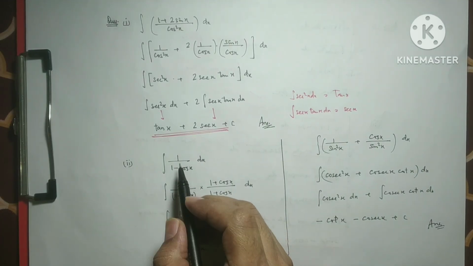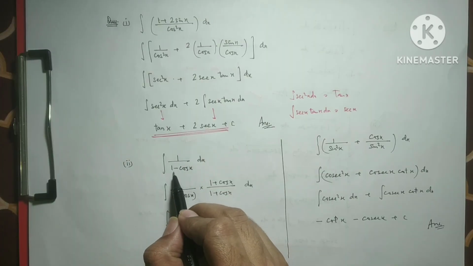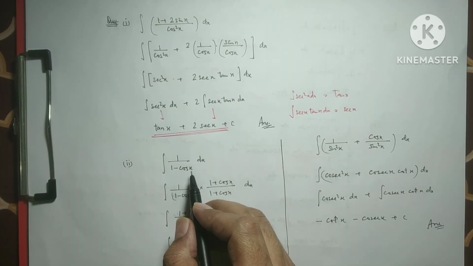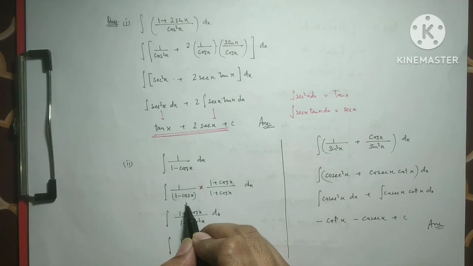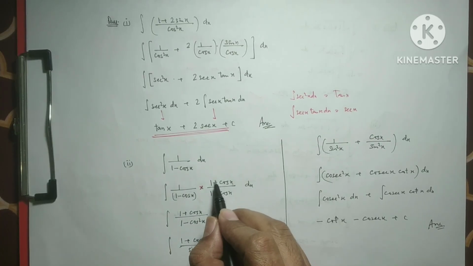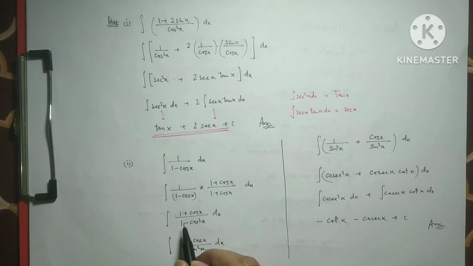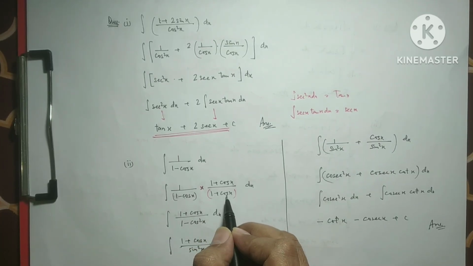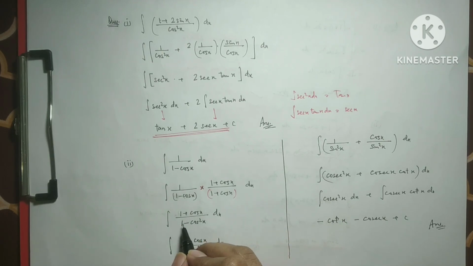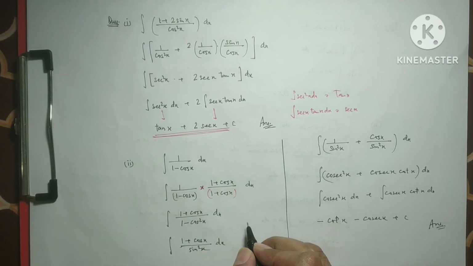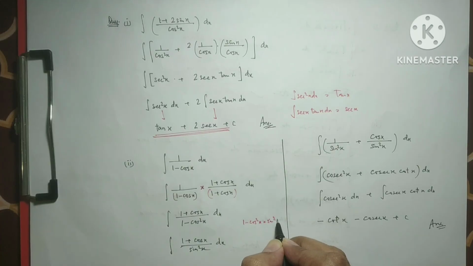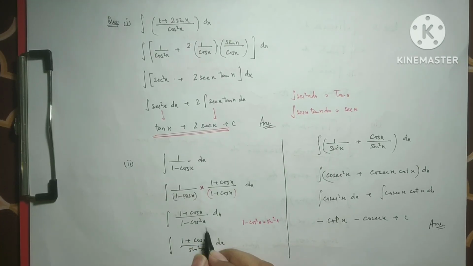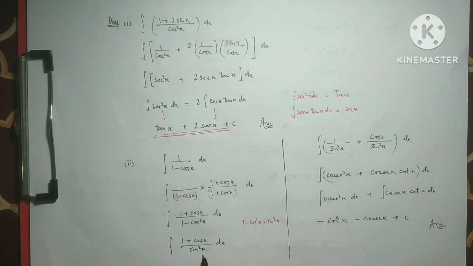Now the next part is integration of 1 over (1 minus cos x). Now rationalize this with 1 plus cos x, multiply and divide, and write down 1 plus cos x. There is a minus b and a plus b, we get a square minus b square. It means this is 1 minus cos square x, and 1 minus cos square x is sin square x. So we place sin square x: (1 plus cos x) over sin square x.